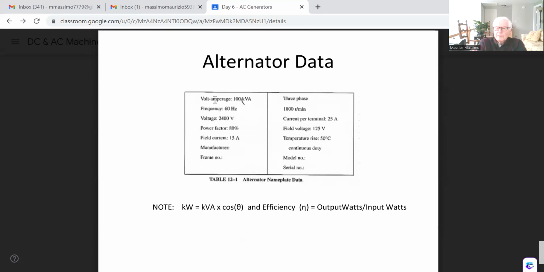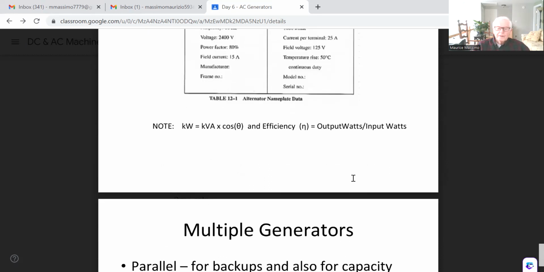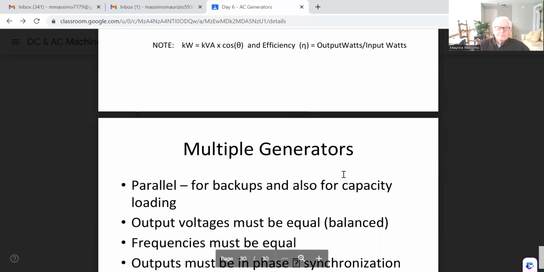That's because it's going to deliver kilovolts and a certain amount of amperage. So you can read all these different characteristics for the alternator that you have.